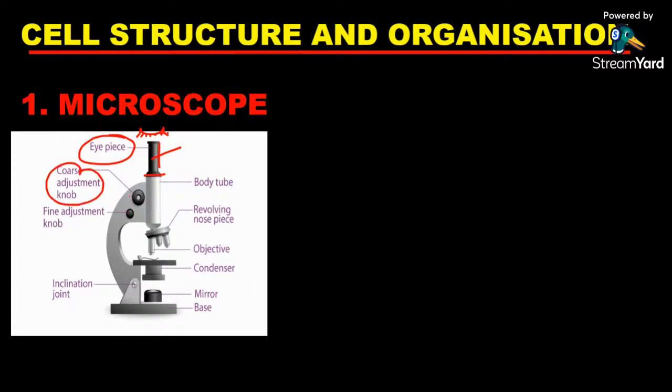Then let us go to this part. For adjustment knobs, we have the big one and the smaller one. The big one is called the coarse adjusting knob. Sometimes they are found attached on the same part, with the smaller one inside and the big one outside. That is how sometimes they are on the microscope, but in this case they are separate.